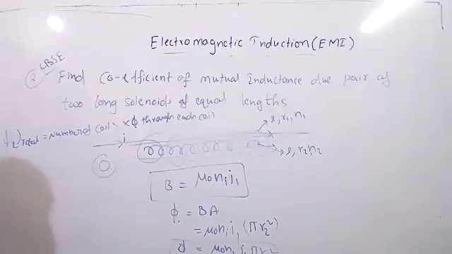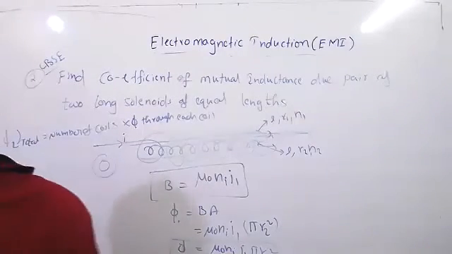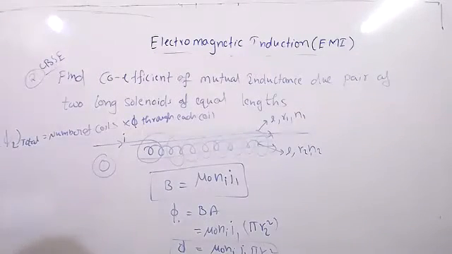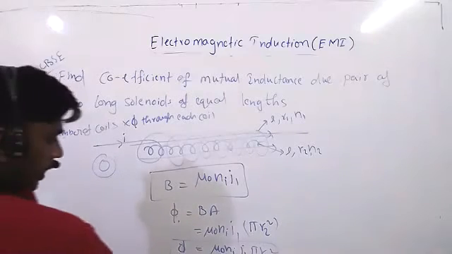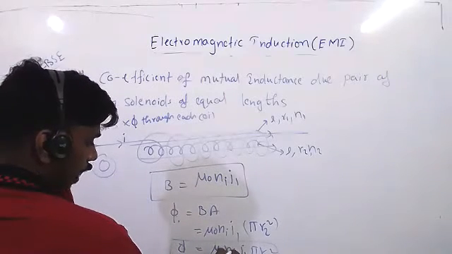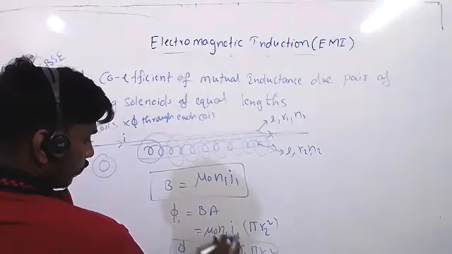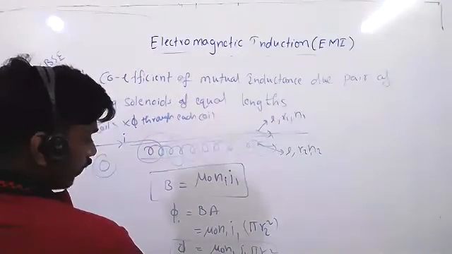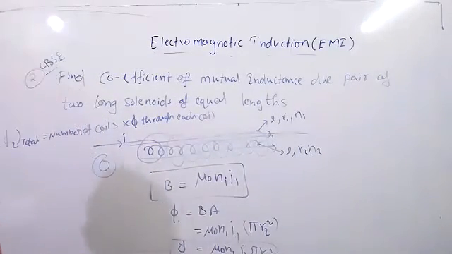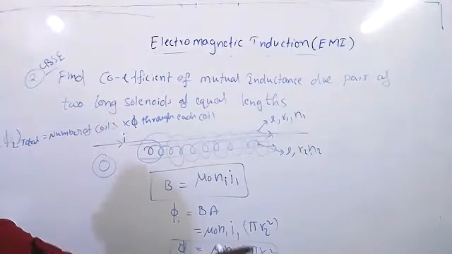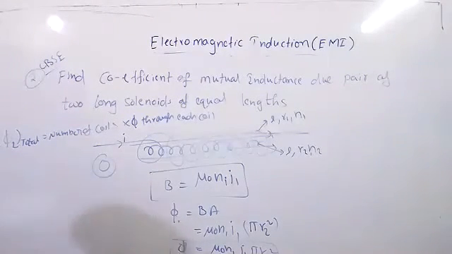Flux through each coil is mu naught N1 I1 pi R2 square.